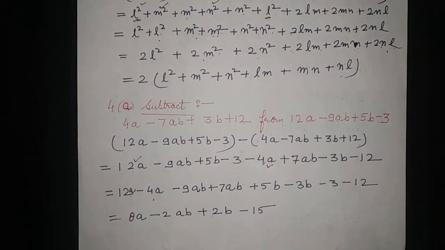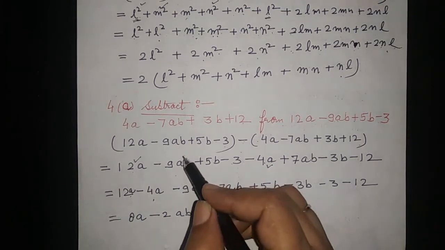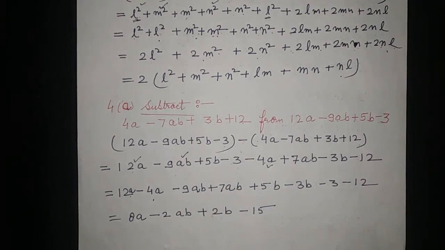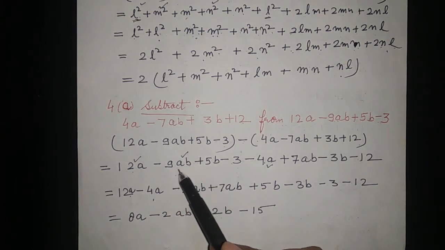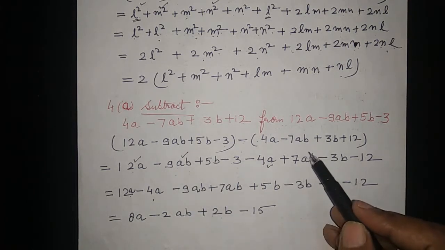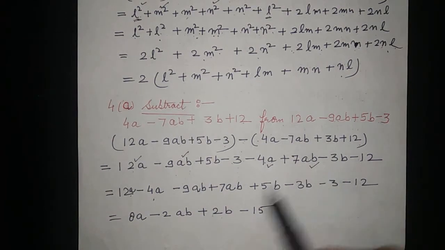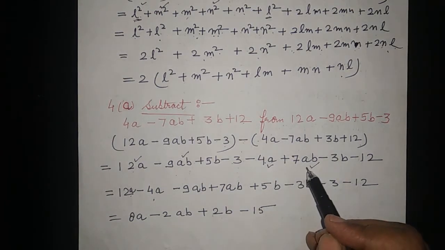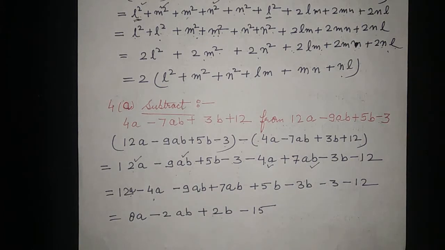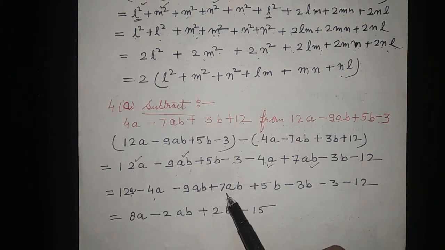And the next term is minus 9ab. Which one is like minus 9ab? This 7ab. Plus 7ab is also like minus 9ab. So, after minus 9ab, we will write plus 7ab.